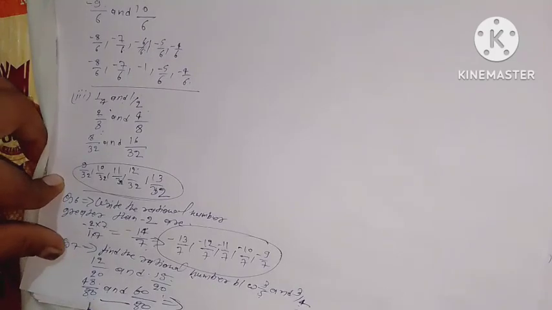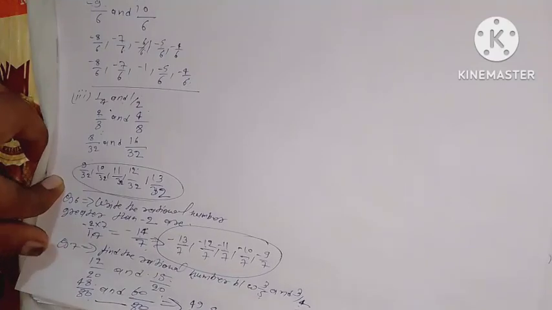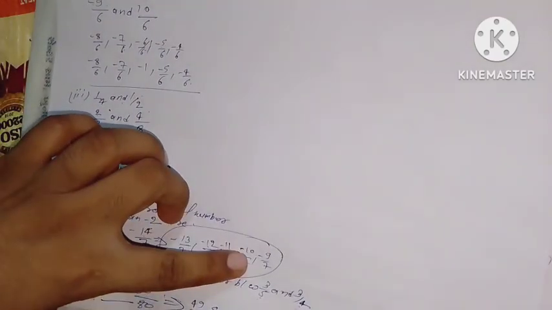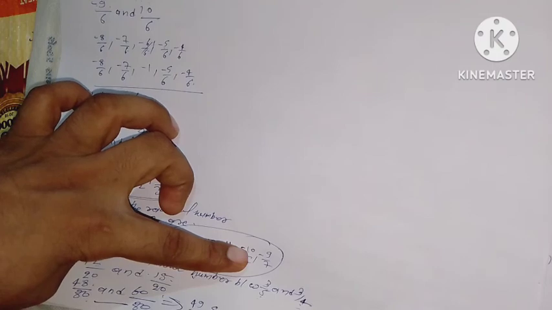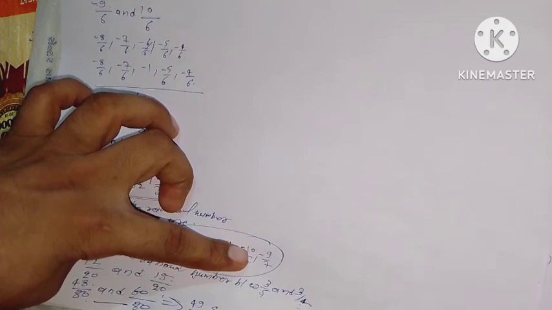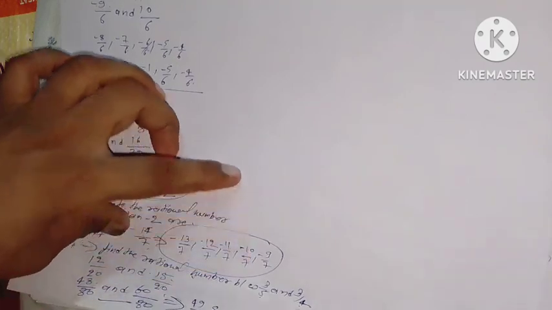Then the rational numbers are 49/80, 50/80, 51/80, 52/80, 53/80, 54/80, 55/80, 56/80, 57/80, 58/80.